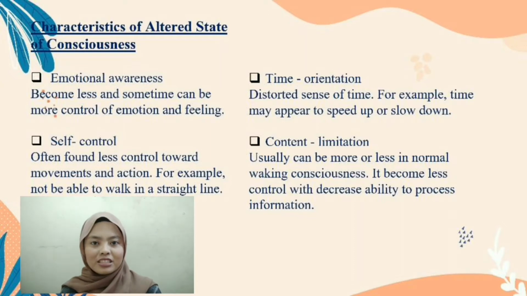Content limitation can be more or less than in normal waking consciousness. During an altered state of consciousness, the ability to pay attention to certain tasks or instructions can be decreased or increased, with reduced ability to process information and fewer limitations on content.